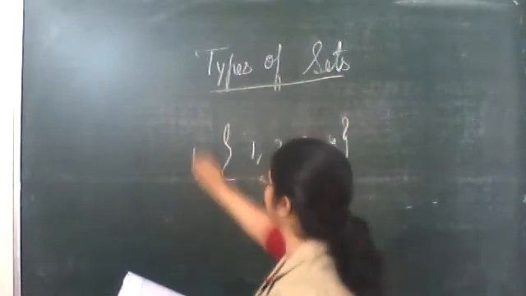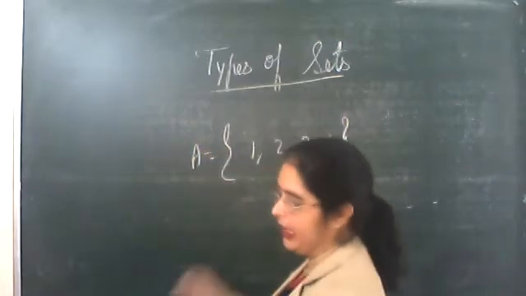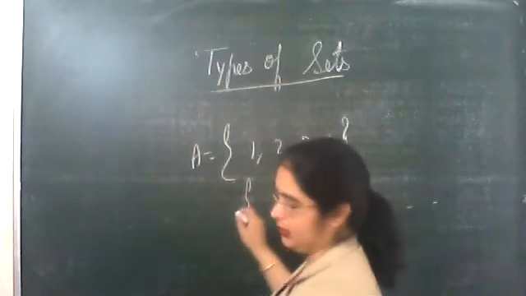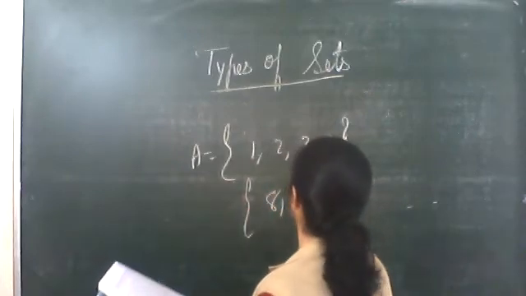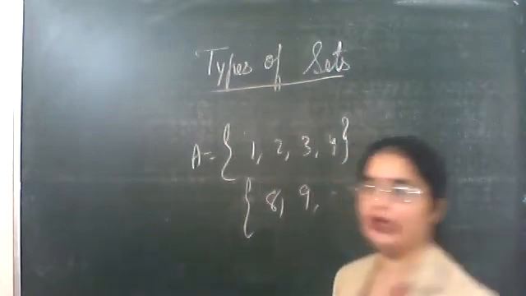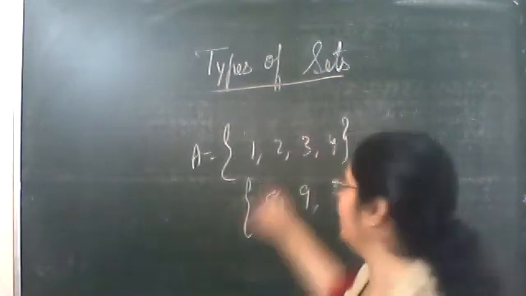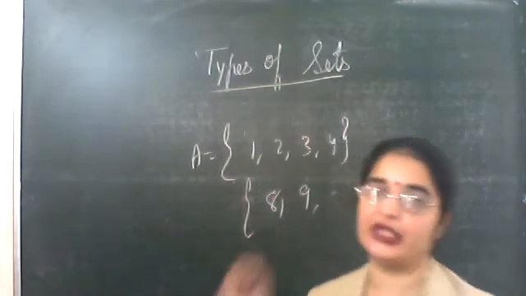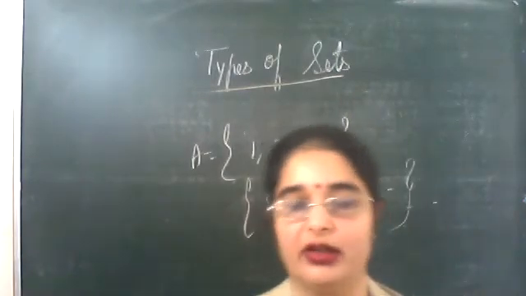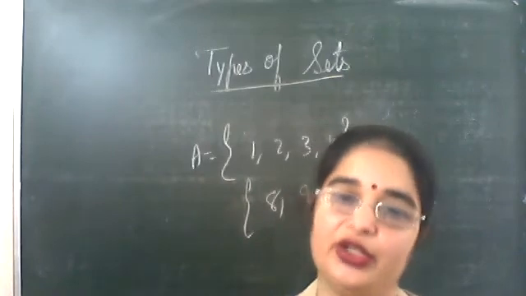Clear? This is your set A. Now x is greater than 7, which means 8, 9, and so on. If we are talking about two conditions, both should be satisfied. x should be greater than 7 and also less than 5.